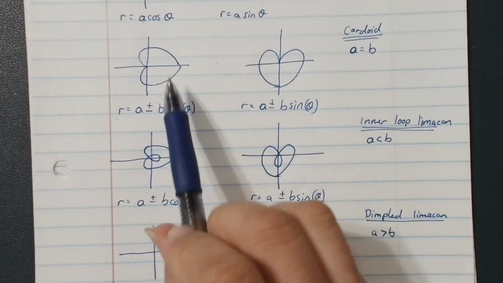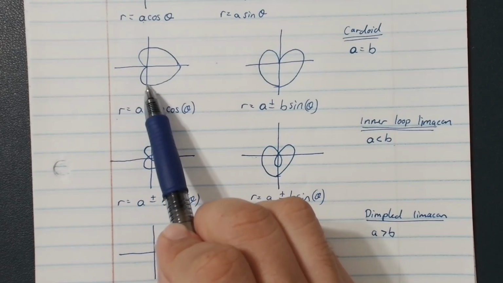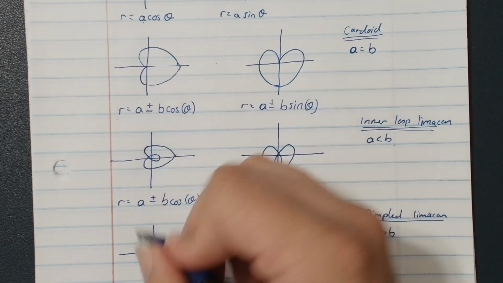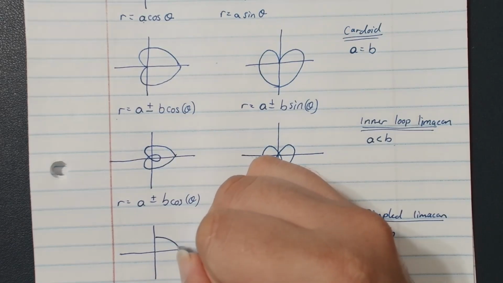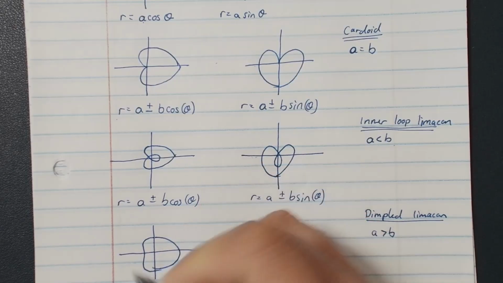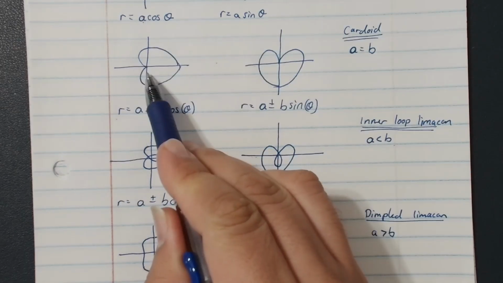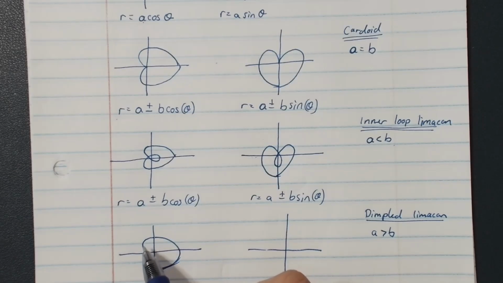So it'll look a lot like the cardioid, except that instead of coming to a point, it'll just kind of be slightly dented. So something like this. Like that. So it looks like the heart, but instead of coming to a point at the origin, it kind of starts to dip toward the origin, but it doesn't actually reach it.